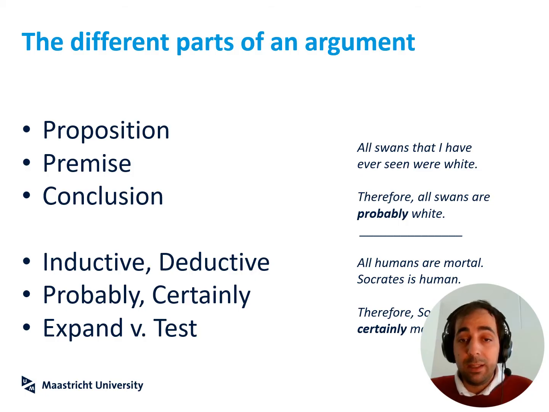This is the classic example of an inductive argument. And an inductive argument is characterized by relying on probability, right? It doesn't say that this statement is definitely going to be true. It just provides you with good reasons to accept that there is a high probability that the conclusion will be true.